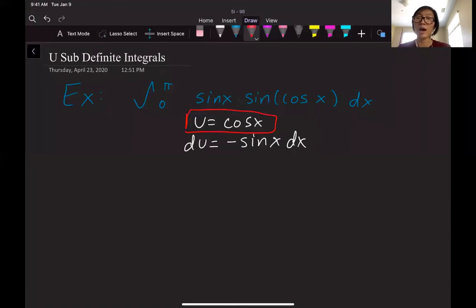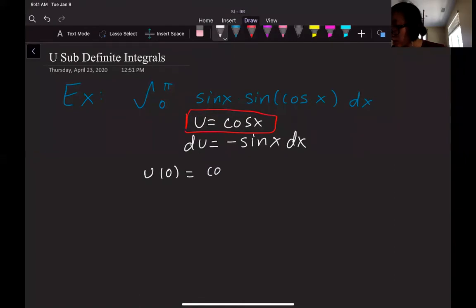So since 0 and pi are values for x, all I have to do is plug them into this and I can get values for u. So u of 0 is equal to cosine of 0, which is equal to 1. And then u of pi is going to be equal to cosine of pi, which is negative 1, right?